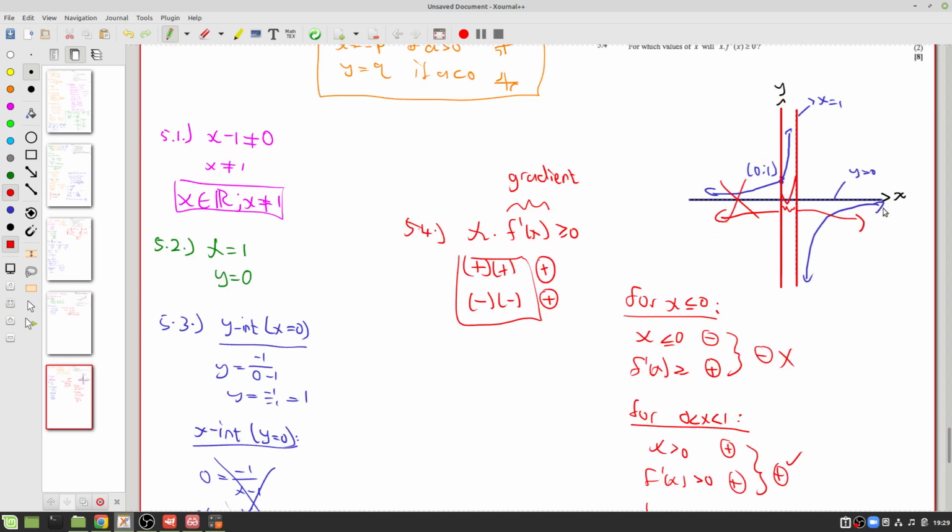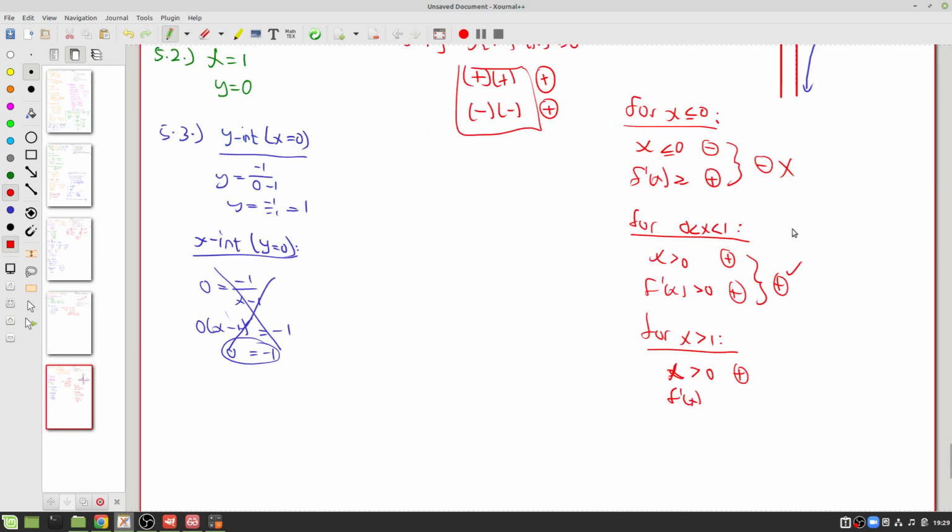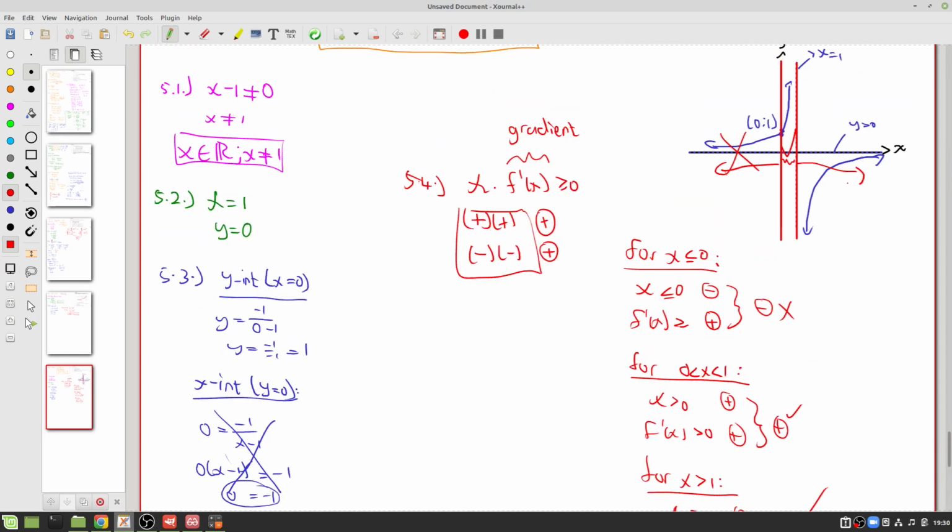The gradient is positive. We're not looking at the graph, but the gradient. The graph would be negative because it's below the line, but the gradient is positive. It's increasing. So the gradient here is positive, and a positive times a positive makes a positive. So this also works. We like that. So what works?